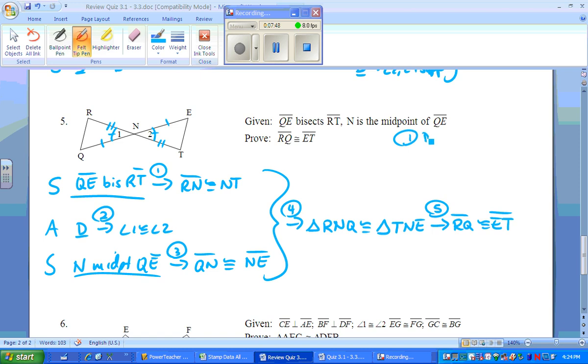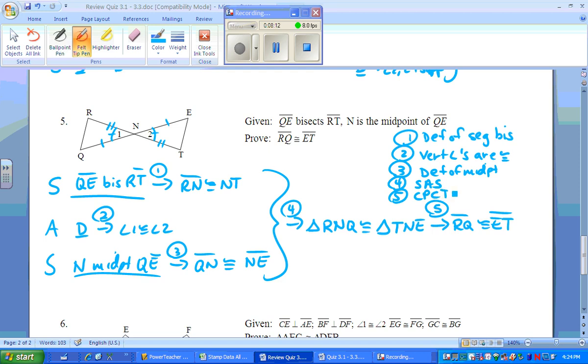Reason 1 was def of segment bisector. 2, vertical angles are congruent. 3, def of midpoint. 4, side angle side. And 5, CPCTC.